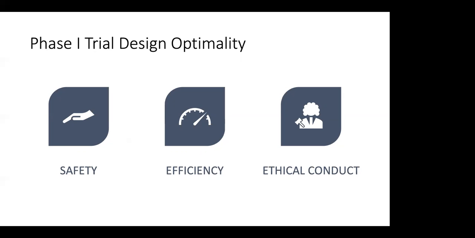And also during the Phase 1 trial, we want to assign most of our patients at the optimal dose level. So this is the efficiency. And ethical conduct is basically the combination of safety and efficiency. We want to treat our patients in a Phase 1 trial with the best possible treatment, okay? Which is the best dose levels.